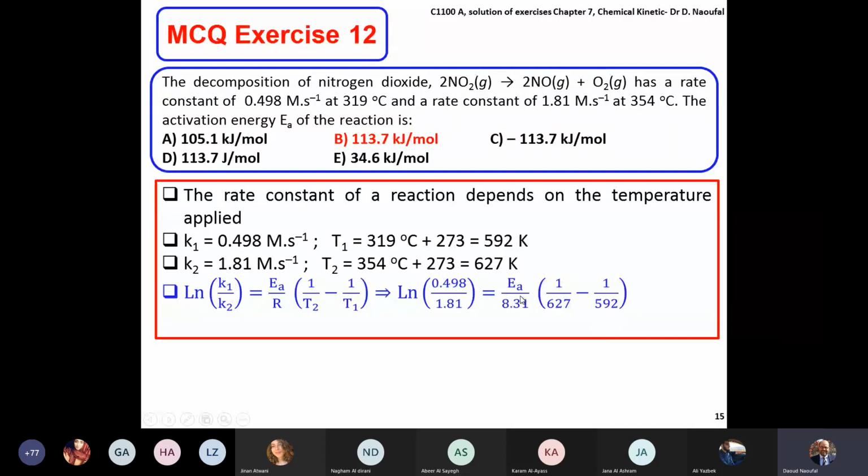Pay attention, the unit of Ea is the same as the unit of R used, so Ea obtained will be in joules. So Ea equals 113.7 kJ per mole, since the activation energy is always in kilojoules per mole. So the correct answer in this case is B.